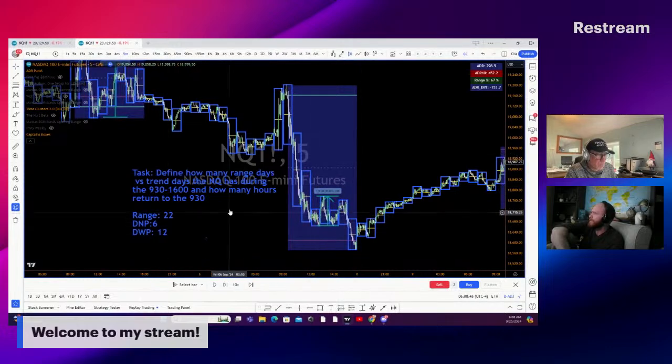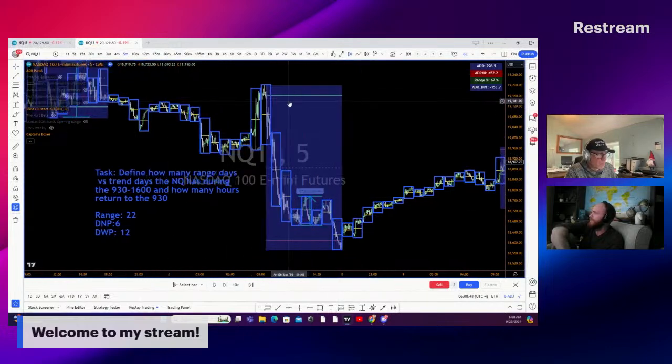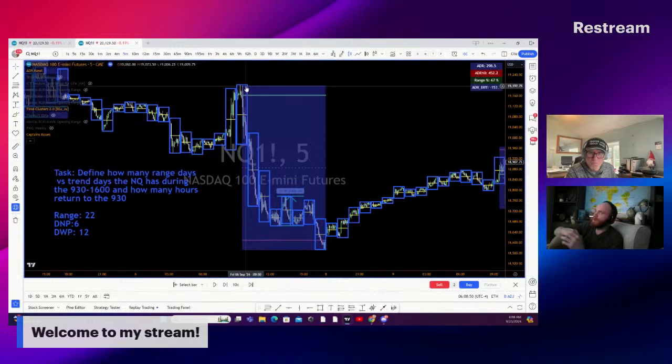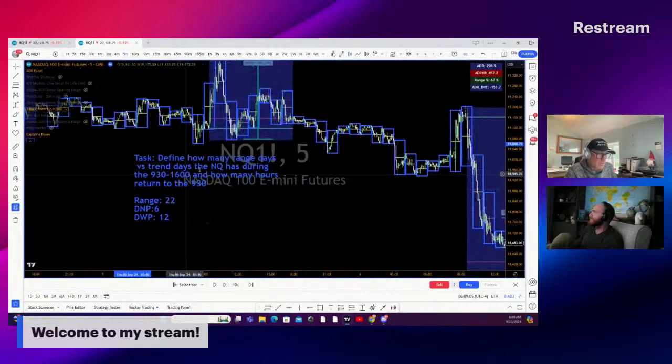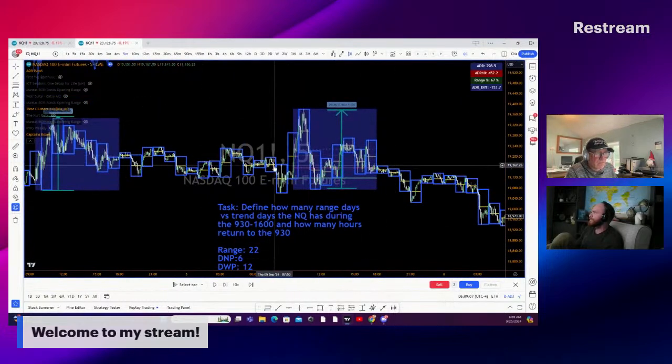So this would be a DWP because, remember, the hourly boxes define the market condition, what kind of market condition you're in. You're only in a trend for 3 of the 8 hours. So this is defined as a DWP. Okay, makes sense. And so forth and so forth.